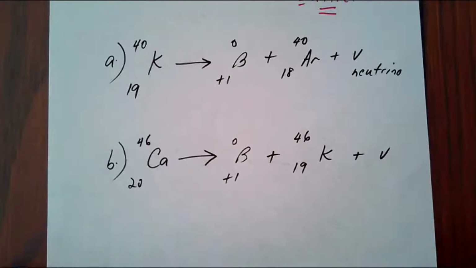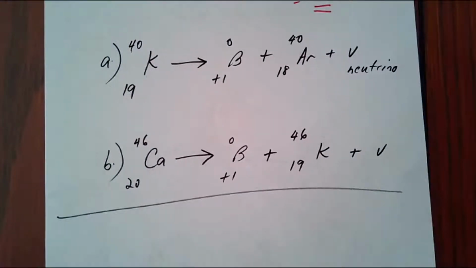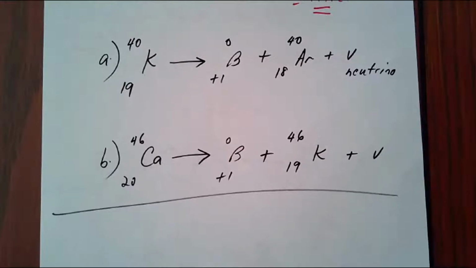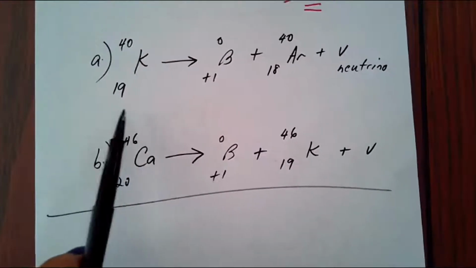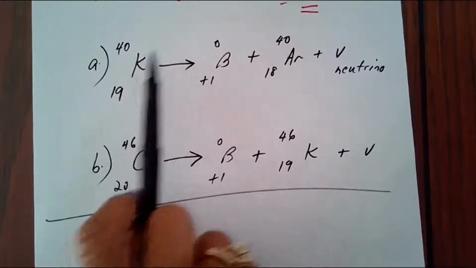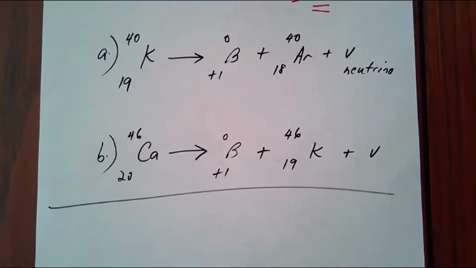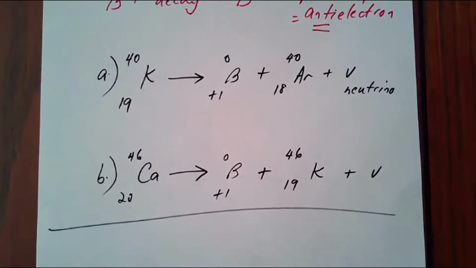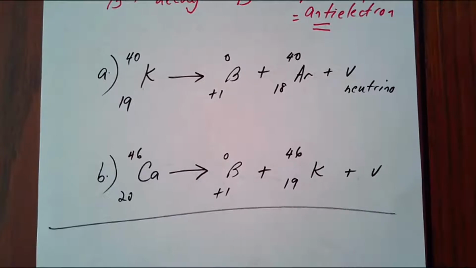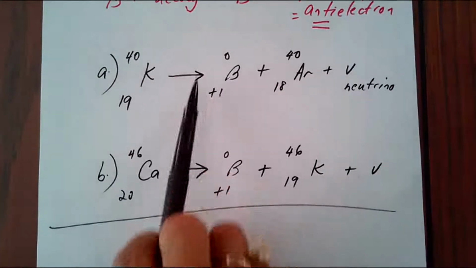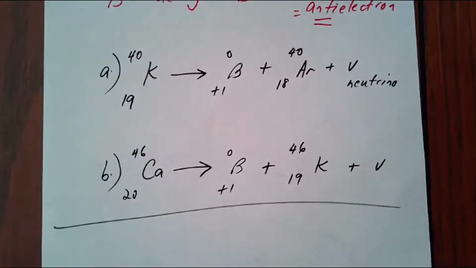And again, a neutrino is produced. So that is a decay. Now remember, a decay is an emission or a release. So it is found on the right side of the equation. If you're looking at a chemical equation in chemistry, it is a product as opposed to a reactant.